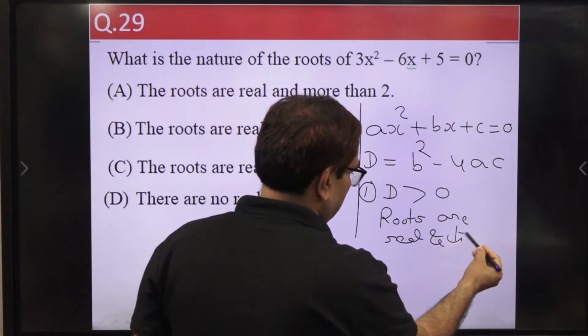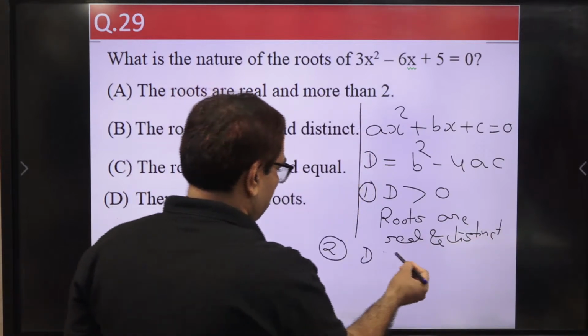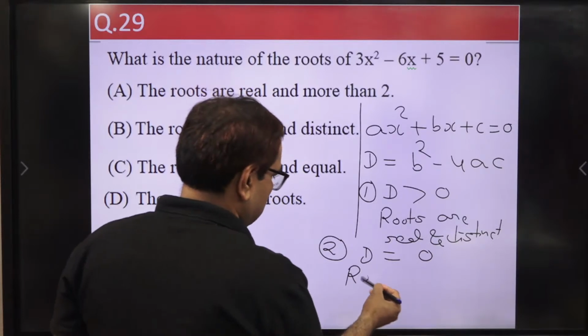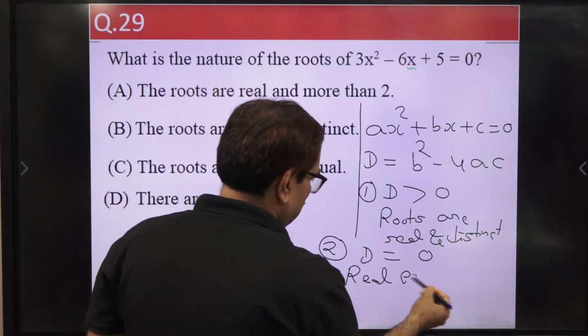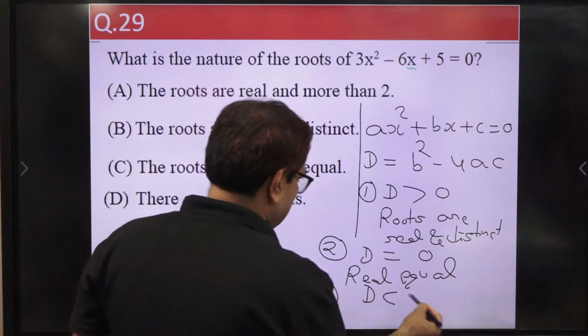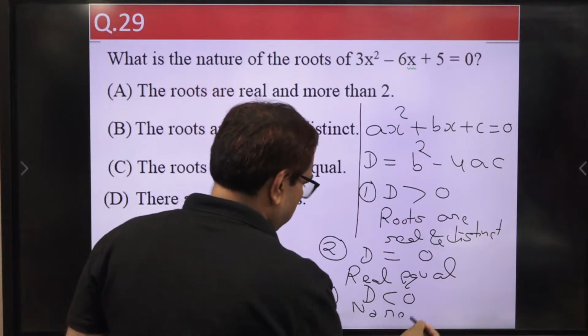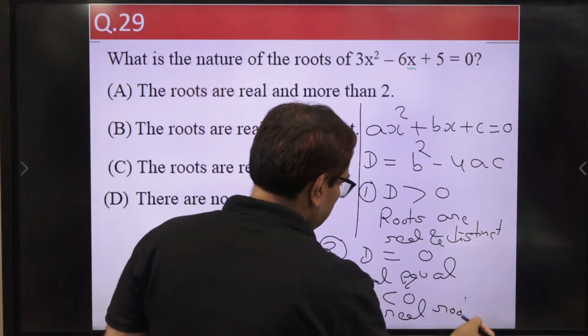Remember this point. And if d is equal to 0, then roots are real and equal. And if this d is coming to be negative, in that case we say that roots are imaginary. There is no real root, or roots are imaginary.